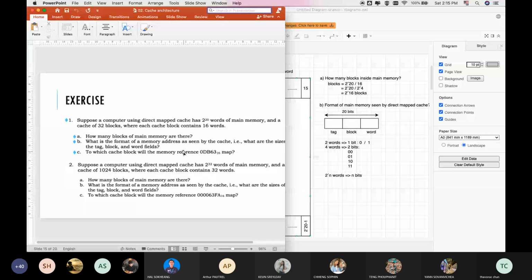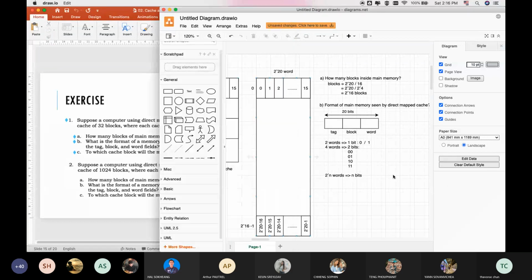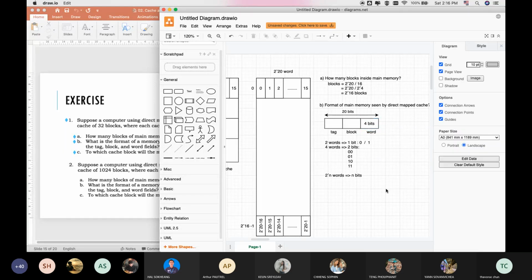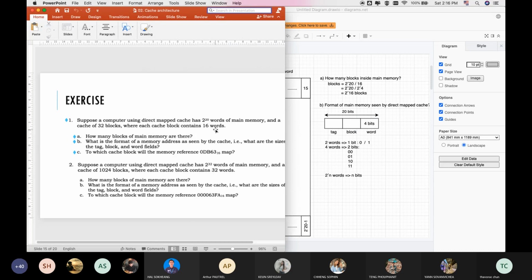How many? 16, right? Apply our rule here. 16 equals 2 power 4, right? So we need 4 bits here, right? Because there are 16 words inside one block. Okay.